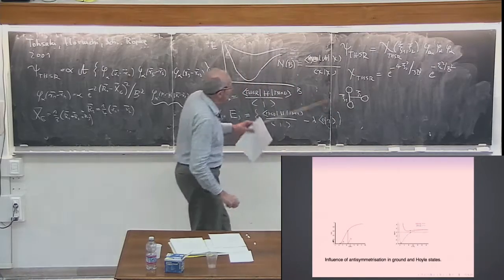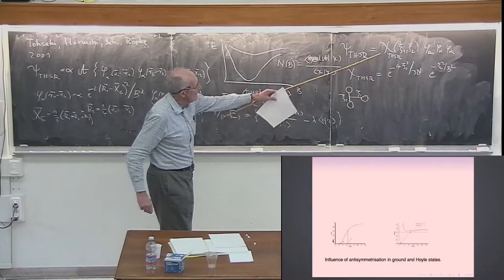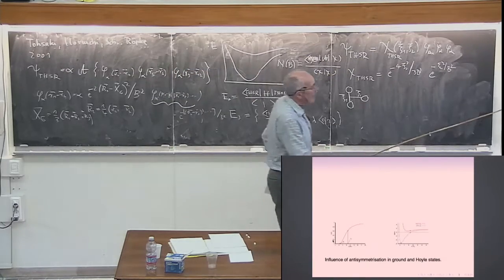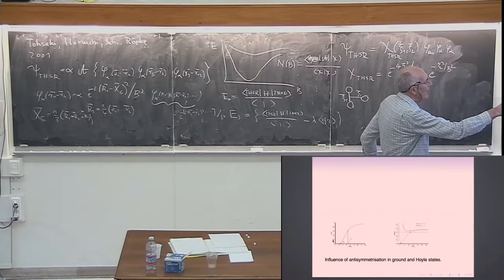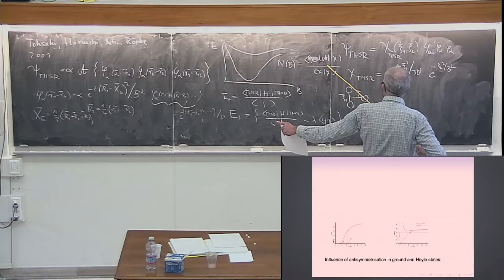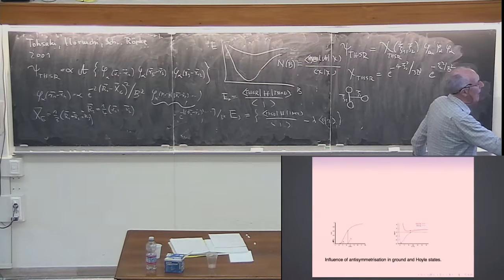So this is essentially the effect of the antisymmetrizer on this chi function, and you can see that here as a function of B. Of course, if B is very large, the antisymmetrizer will not have any effect, and so it will asymptotically go to 1.